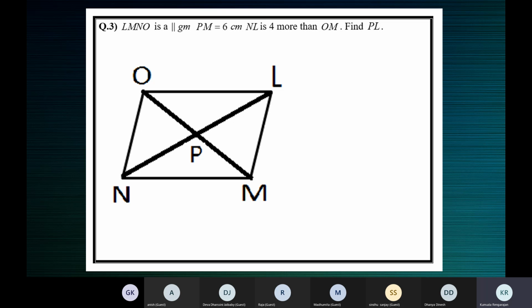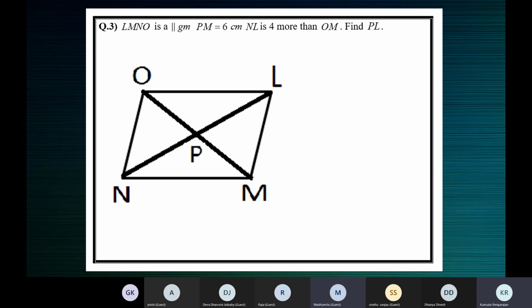Just for PM, tell me what is PL. If PM is 6 centimeters, how much is PL? 6 centimeters, ma'am. What's the property? Opposite sides are equal.